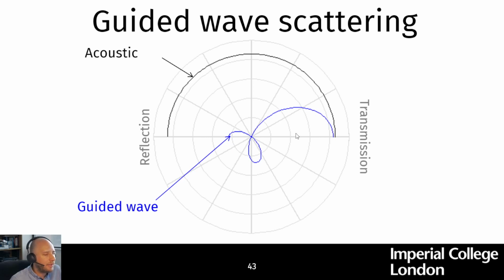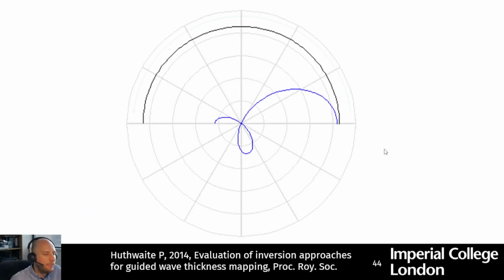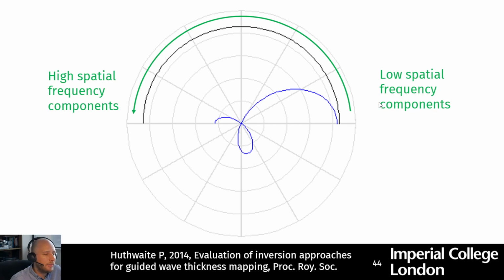whereas a guided wave scattering from a thickness map, so the A0 mode in particular, will produce something which is not omnidirectional, which you can see illustrated here. We get these very notable nodes. And where this becomes quite relevant, as we talked about here, in through transmission, you get low spatial frequency components.